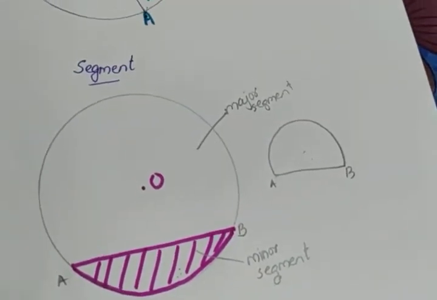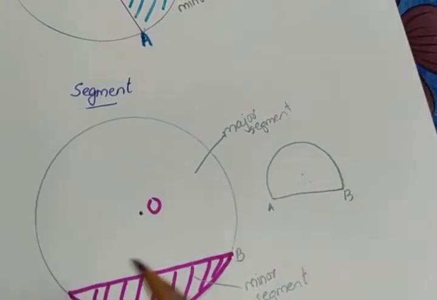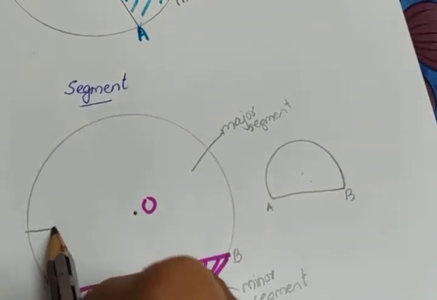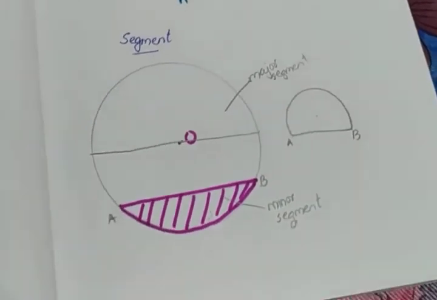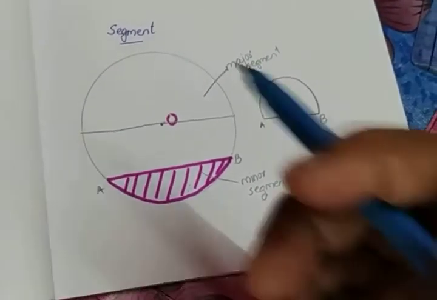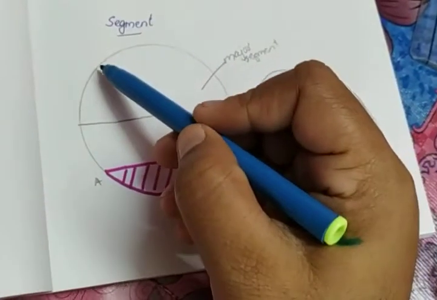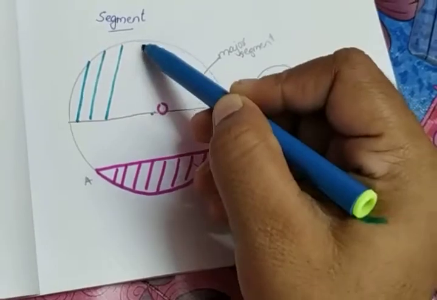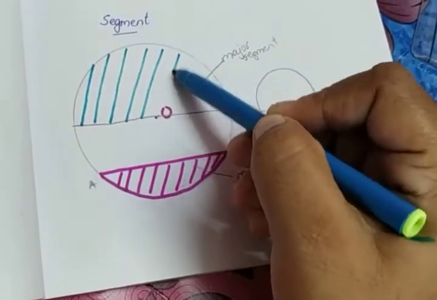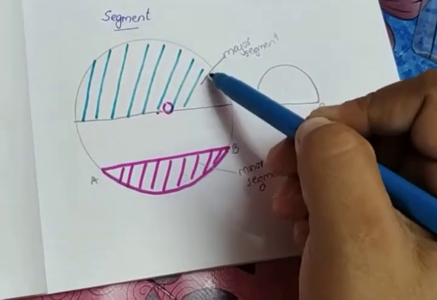Suppose for a circle I take the diameter, meaning the chord passing through the center. Can you identify the major segment and the minor segment? If I shade one of the portions, the blue colored portion, it is a segment, isn't it?